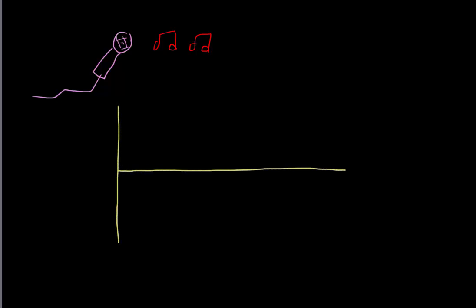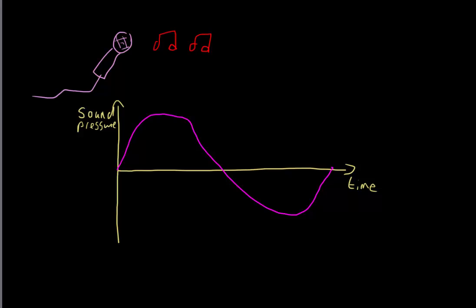So we could draw it here. Maybe we've got time and sound pressure. And we've got a graph that maybe looks something like this. And say this time here is 1 second.